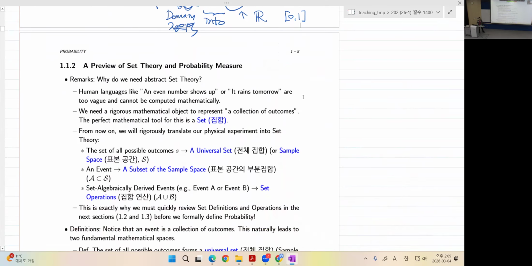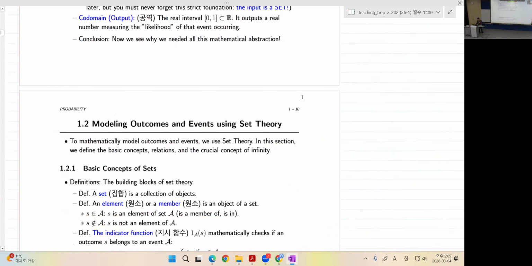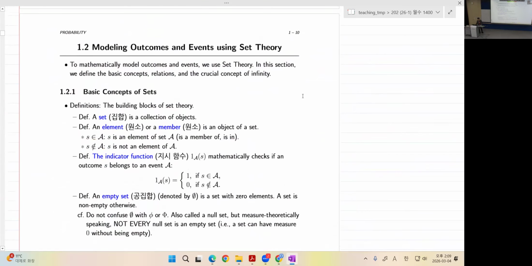Anyway, here goes the review of set theoretical terminologies. I will skip all of them. And here goes another set of terminologies where I wanted you to remember an interesting function called the indicator function, that is named as numeric 1, but it has a subscript where you put a set from your implied universal set, and here goes the argument of the function.